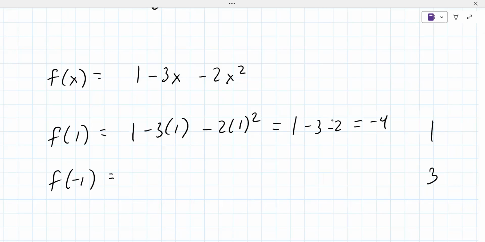No, I do not see it. Okay. Well, that's one of the challenges of this format, I can't look at your paper. I can only show you, 3 times 1 is 3, 1 squared is 1, 2 times 1 is 2. But whenever it's 1, it's just the coefficients, 1 minus 3 minus 2, like that.